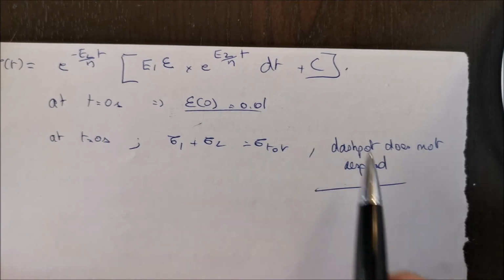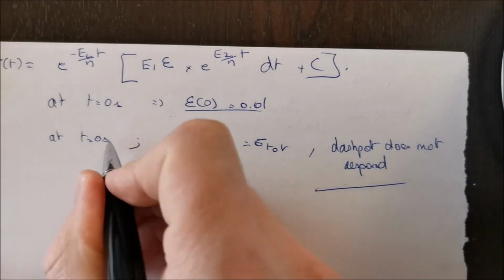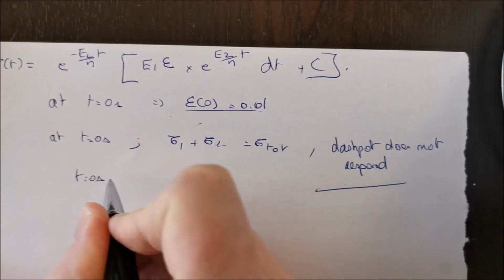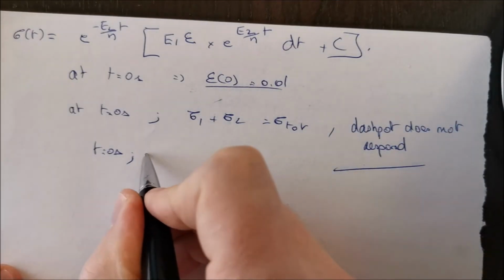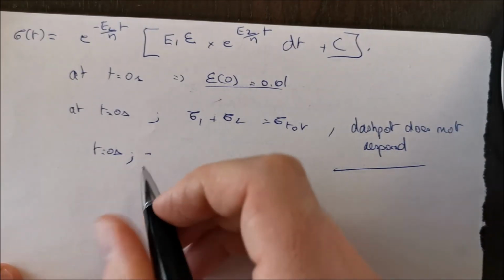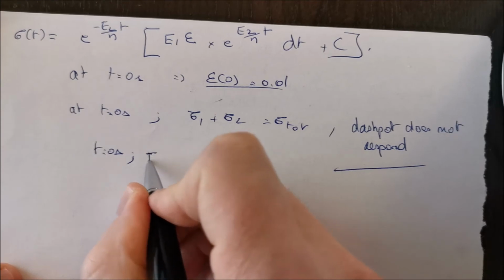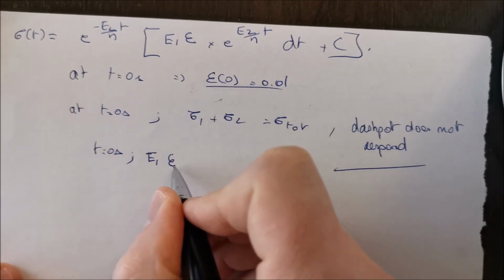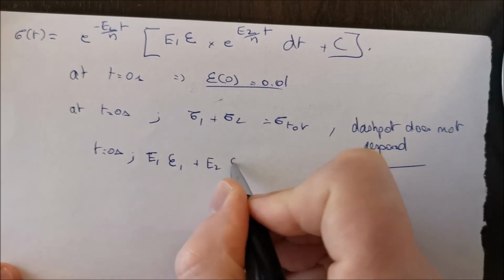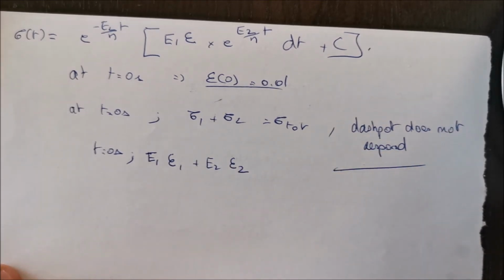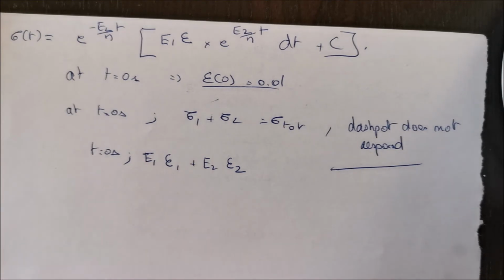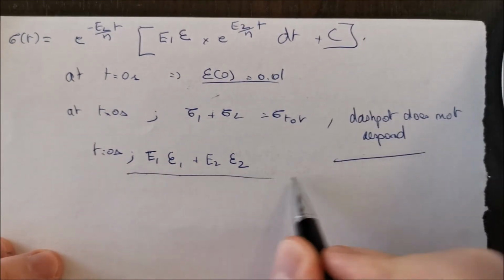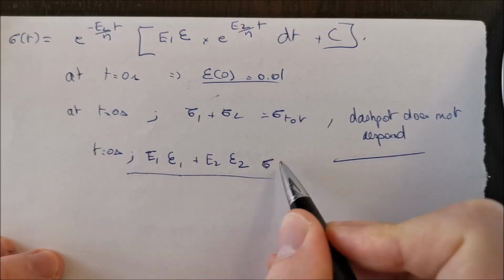So it means that we can just write this at t equals 0 seconds as the stress being the sum of the springs. So you would write E1 epsilon 1 plus E2 epsilon 2. Okay. So we have this form for sigma at 0 seconds.